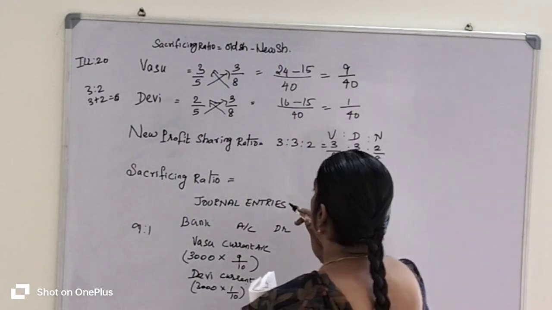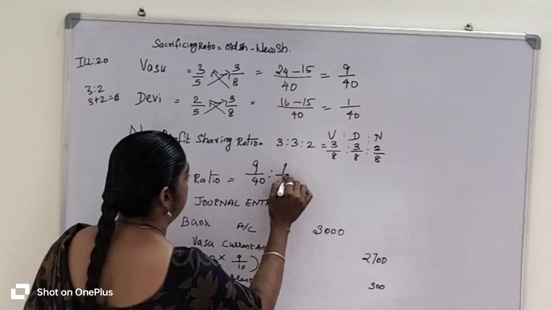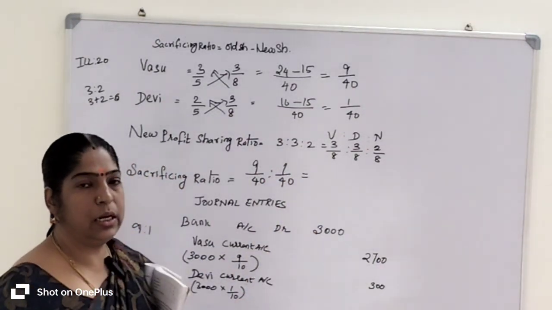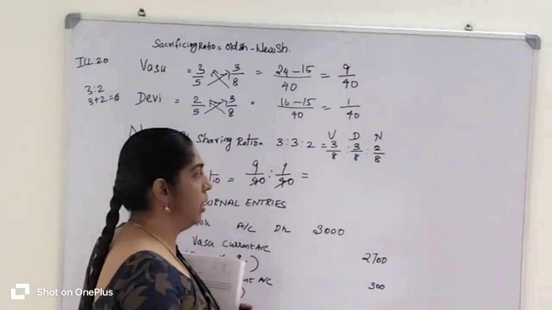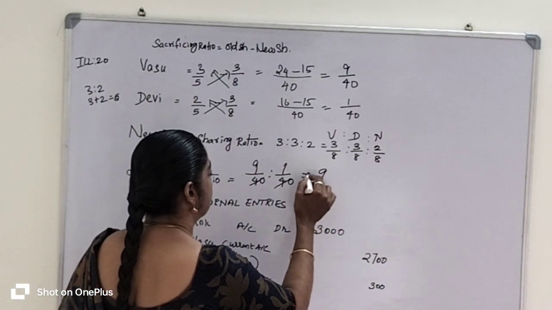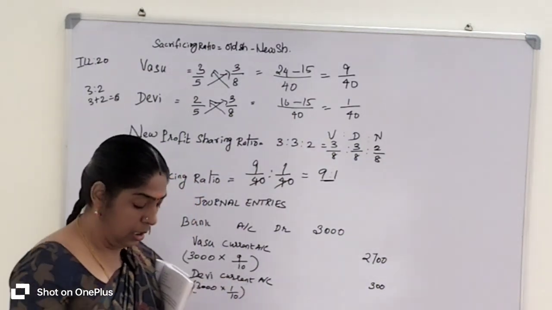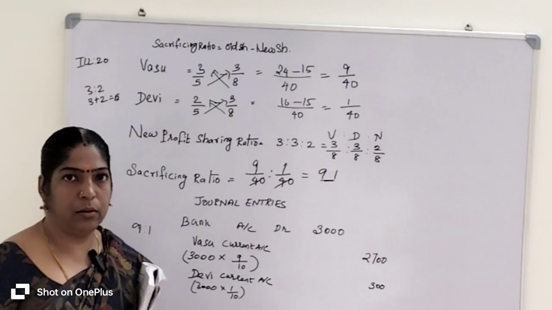It is 9/40 to 1/40. We need to give it in ratio form, so we need not consider the denominator value. The sacrificing ratio is 9:1. Got it? Then we have to pass the journal entry for the goodwill.